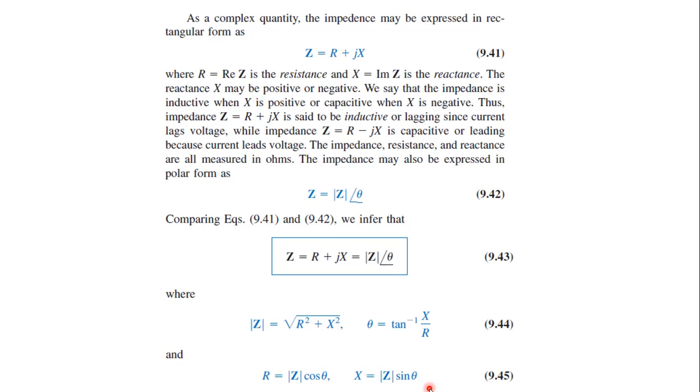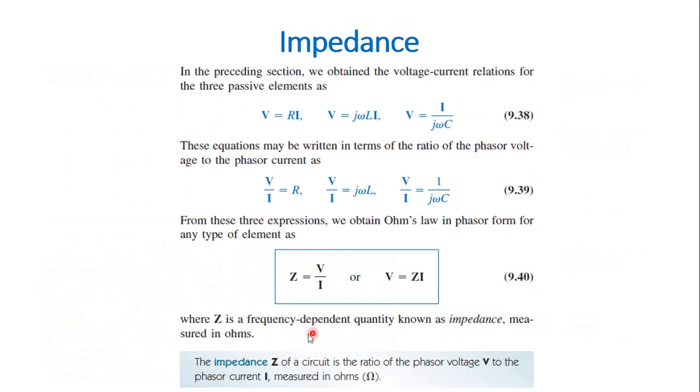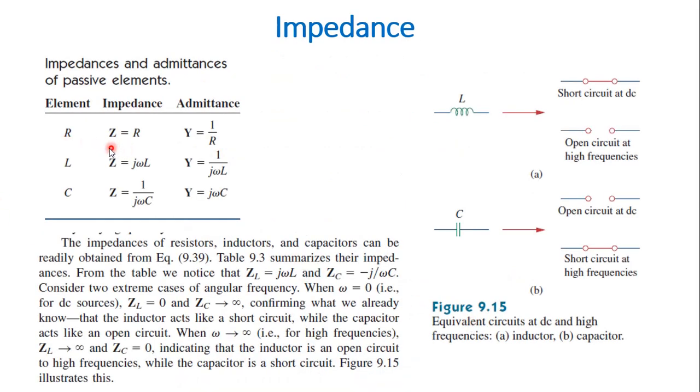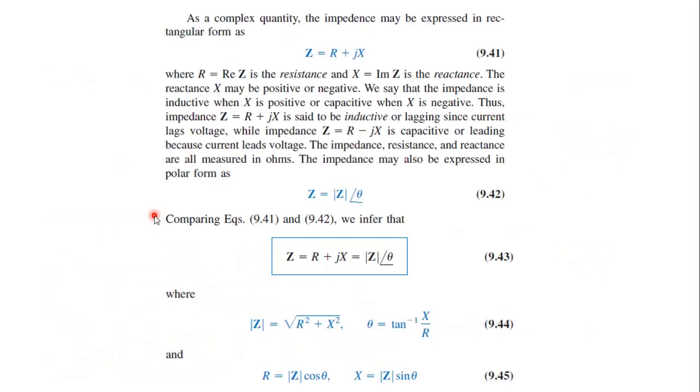So this is what impedance is about. We have discussed that impedance is the ratio of phasor voltage to phasor current, so Z is equal to V by I. For element R, impedance is equal to the resistance; for the inductor L, impedance is equal to j omega L; and for the capacitor, Z is equal to 1 by j omega C. This can be expressed as a complex quantity, Z equal to R plus jX, where R is the resistance and X is the reactance.